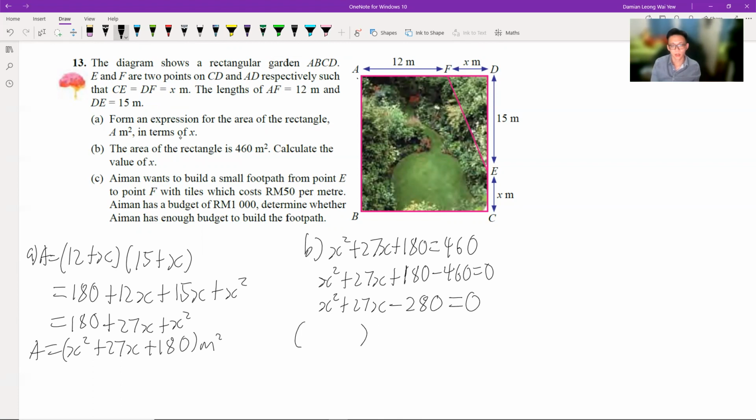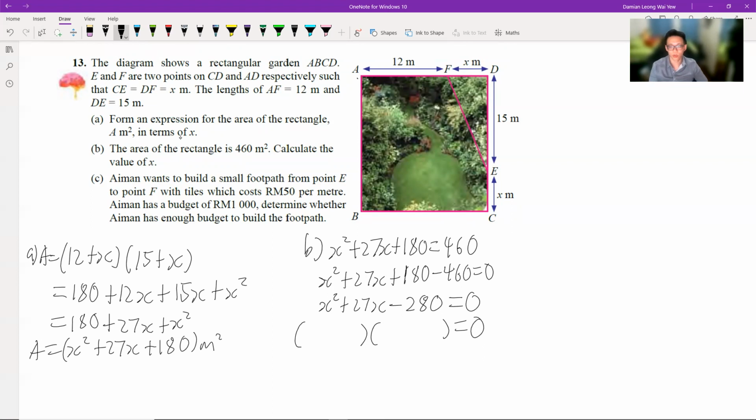Again, it's okay to use the calculator when it's a large number like this, because if you want to list out all the factors, it might be a bit long. But if you want to list them out, there's no problem.